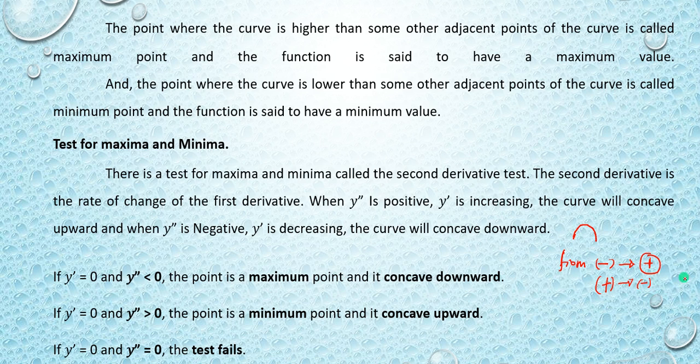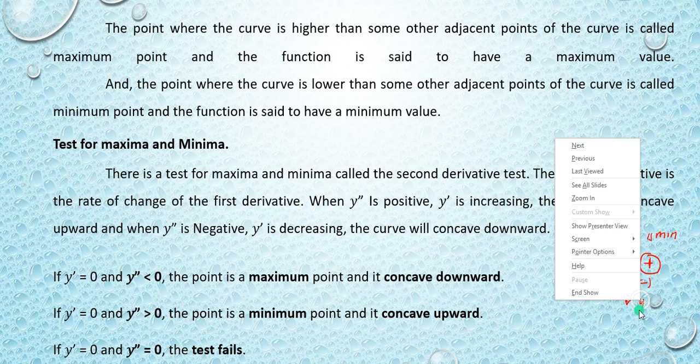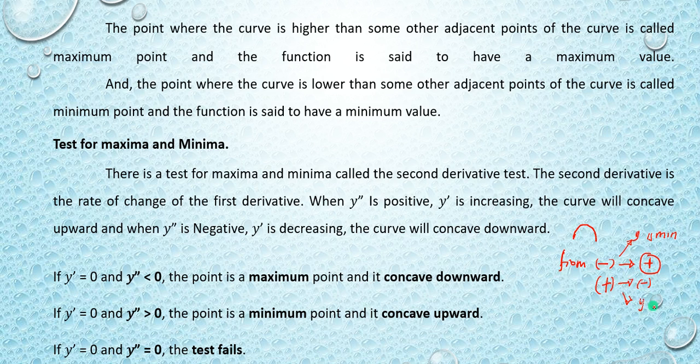From negative to positive sign, here y is a minimum, and for positive to negative sign, we have y is a maximum value. And if y prime does not change sign, y is neither a maximum nor a minimum.